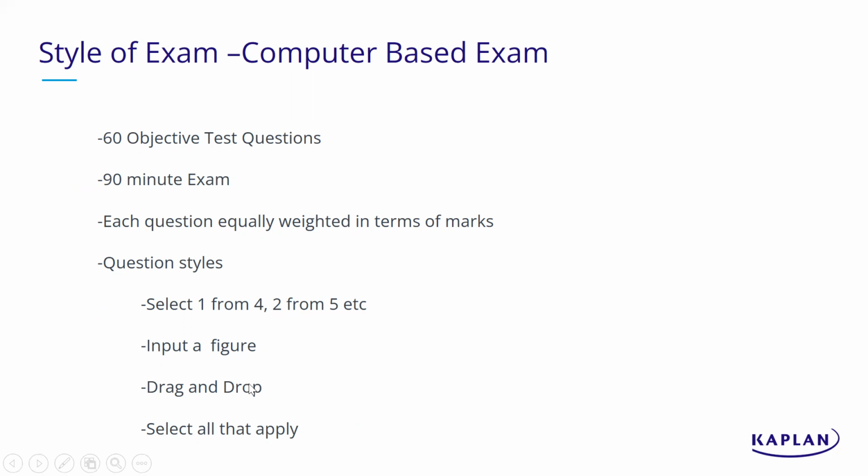We also have, not many of them in this particular paper, but students tell me they don't really like the select all that apply questions, where we don't know whether 1, 2, 3, 4, or 5 of the options apply. So those can be tricky, but they shouldn't feature too heavily in terms of your 60 questions overall. So a real mixed set of questions, but of course it's marked by a computer, so we need to be accurate.